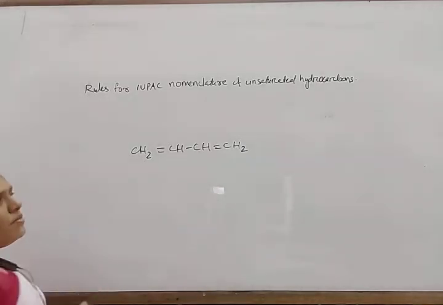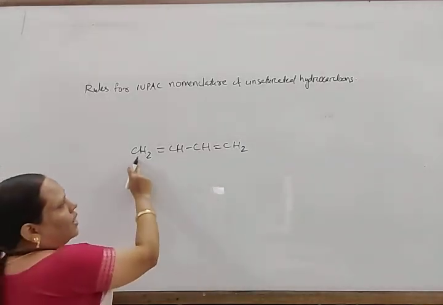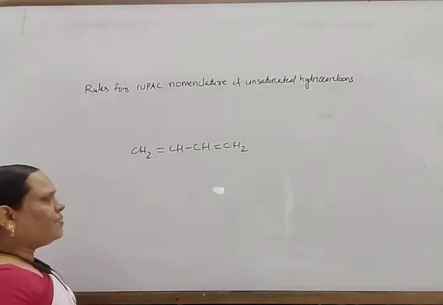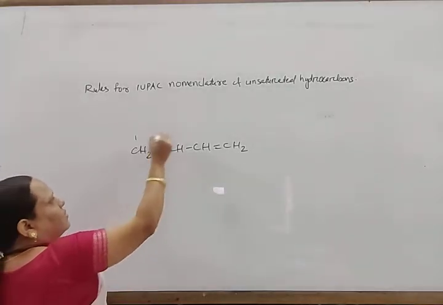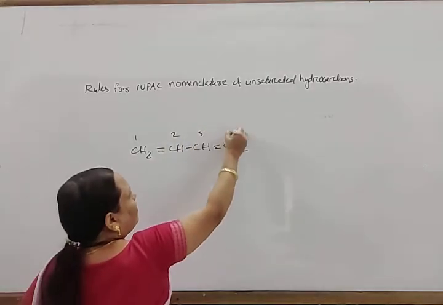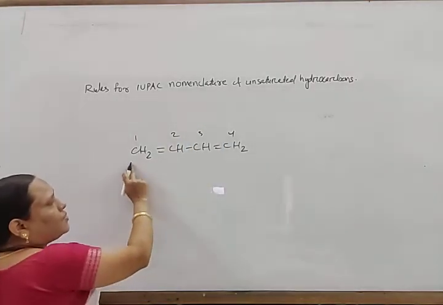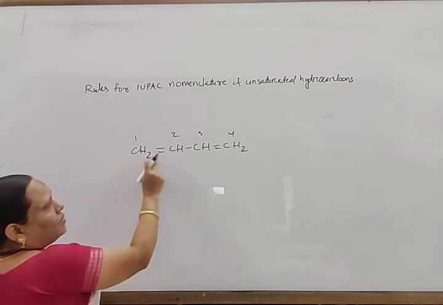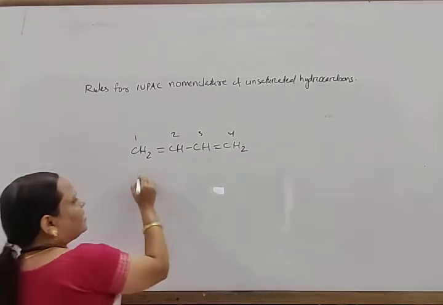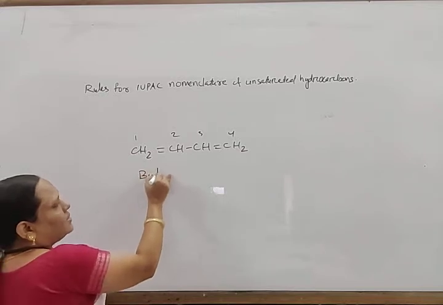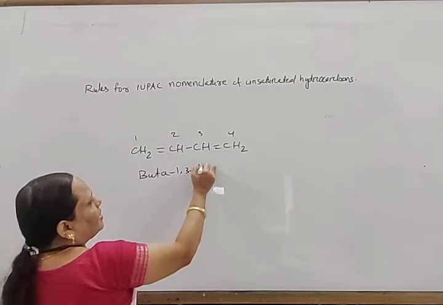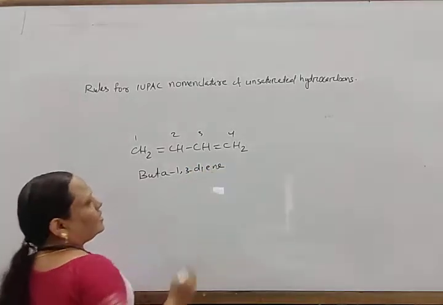What is the name of this compound? So 1, 2, 3, 4, and 1, 2, 3, 4, both sides are the same. The word root is but, and the positions are 1 and 3. So the name of this species is buta-1,3-diene.